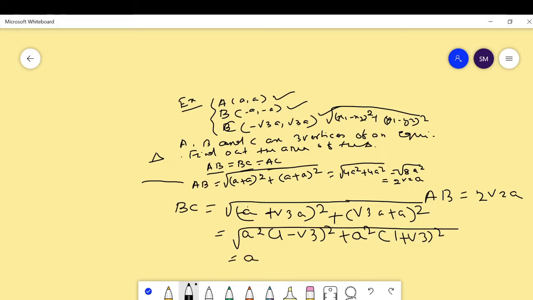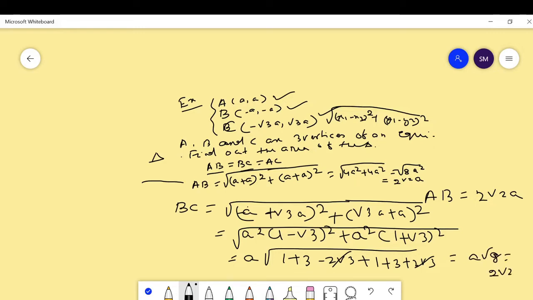Taking a common, this is 1 plus 3 minus 2 root 3 plus 1 plus 3 plus 2 root 3. Root 3 terms cancel. This is equal to a root 8, which is equal to 2 root 2 a. Then we get that AB is 2 root 2 a and BC is 2 root 2 a.